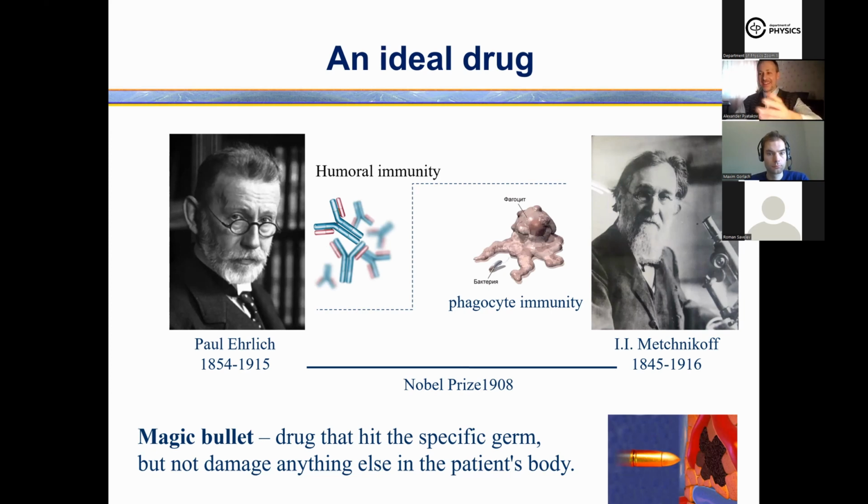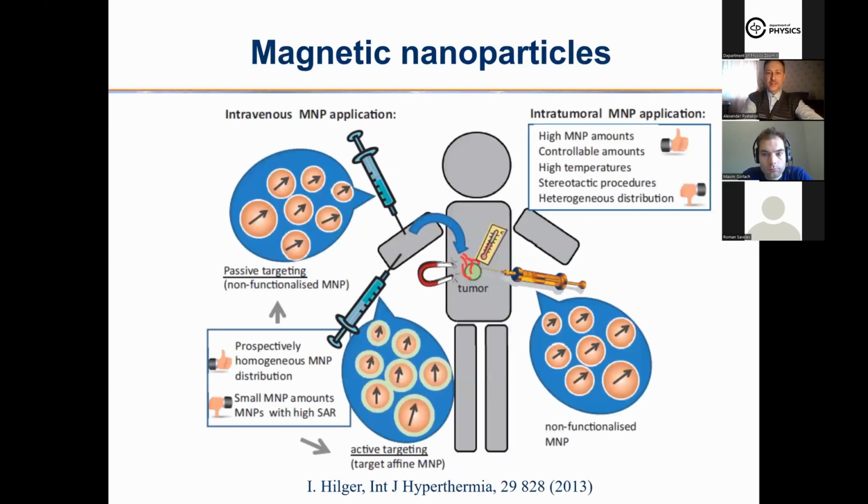It's again a very usual situation in physics. But Paul Ehrlich proposed this so-called magic bullet concept, that there should be a special drug that targets the damaged cells, and not the healthy ones. And magnetic nanoparticles can be such a magic bullet.